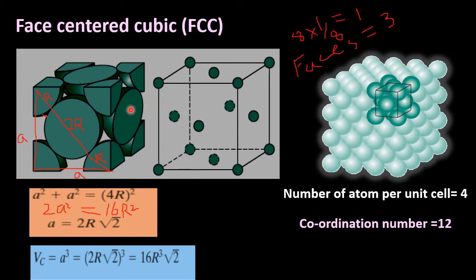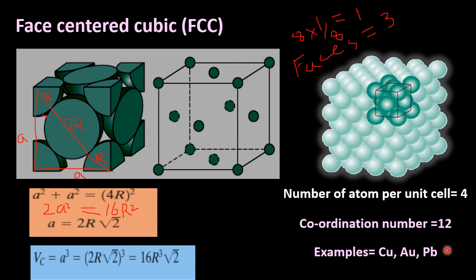So here will be the next unit cell, and 4 atoms of the front face of that next unit cell will be its nearest neighbors. So the total number of nearest neighbor atoms will be equal to 12. So the coordination number, which is equal to the number of nearest neighbor atoms for this face centered structure, is equal to 12.